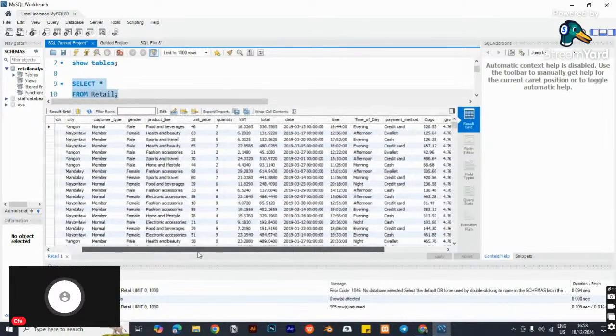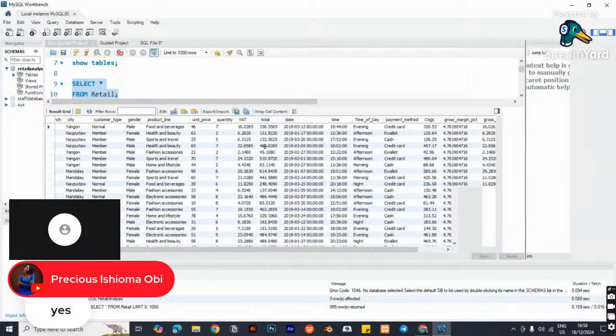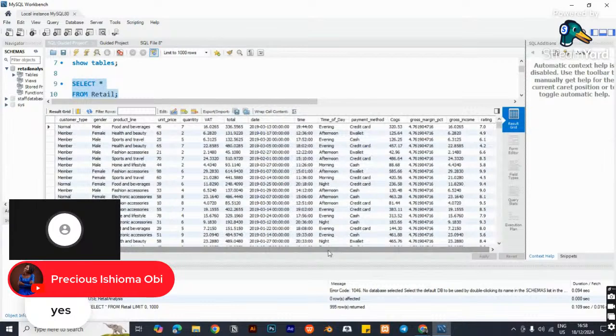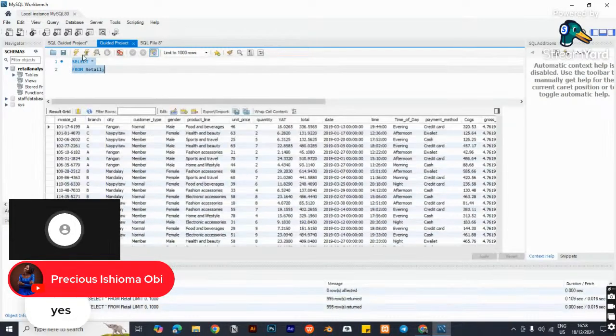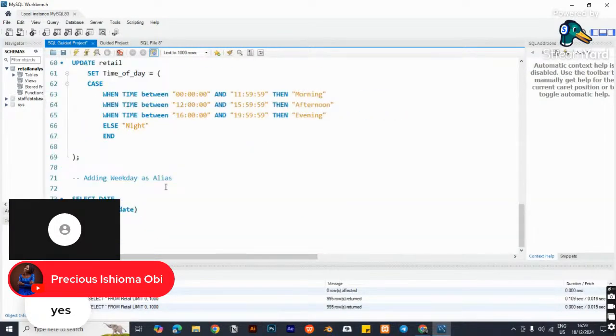So we have this retail data set. Let's check where we stopped. We're still under feature engineering, generating columns from the information we have already.